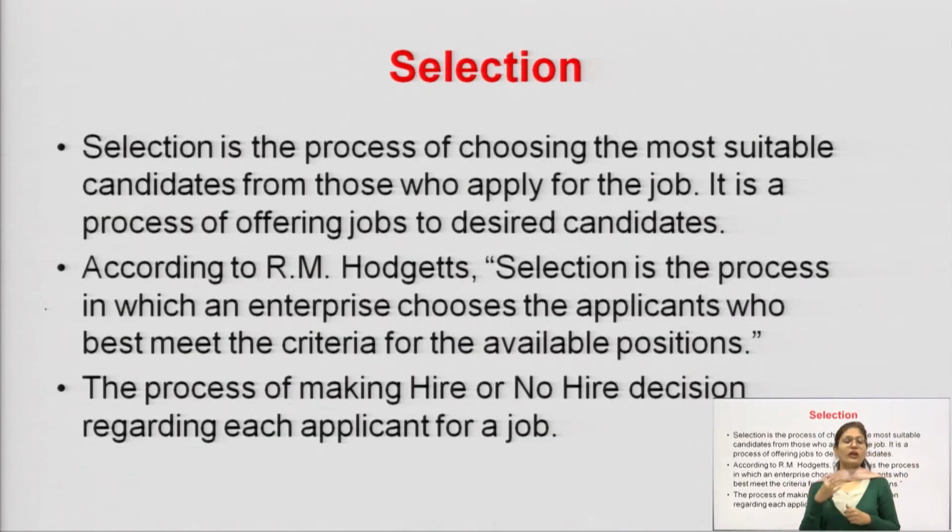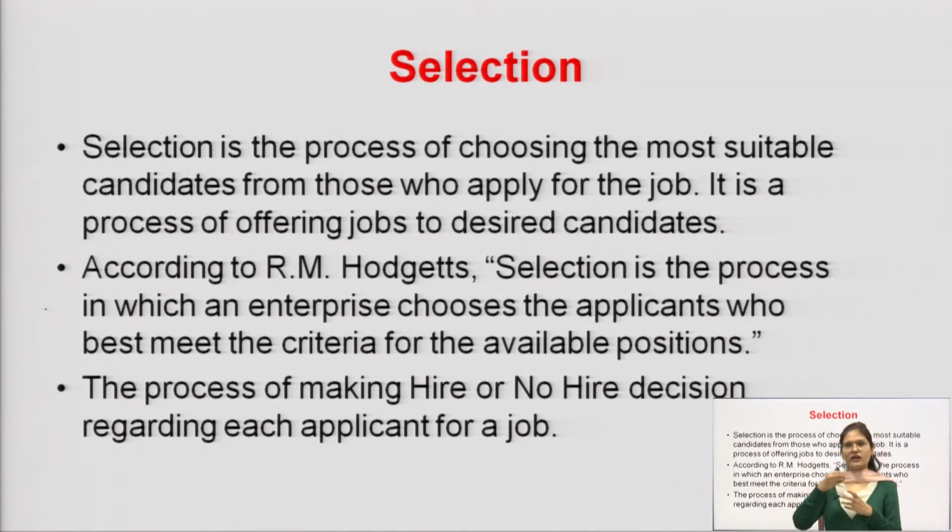We also call selection a negative process. Why? Because elimination is involved in this process. Selection contains a series of systematic steps through which the people need to go, and they have to prove that they are the best suitable candidate for that vacant position, with their skills and abilities.